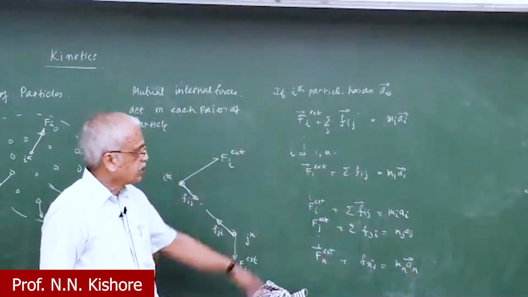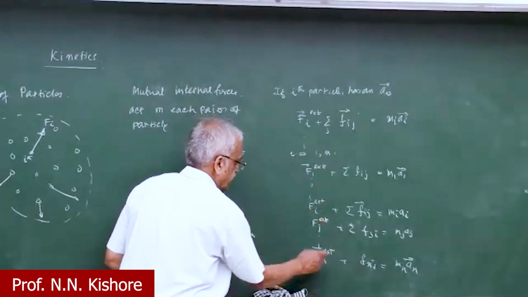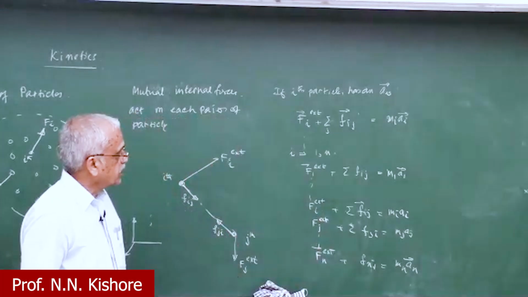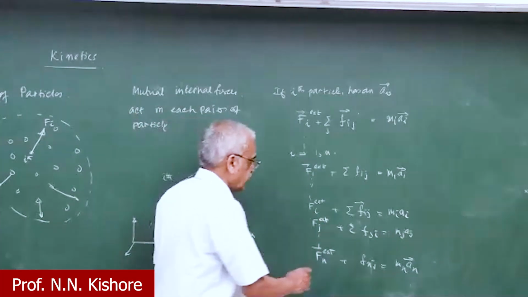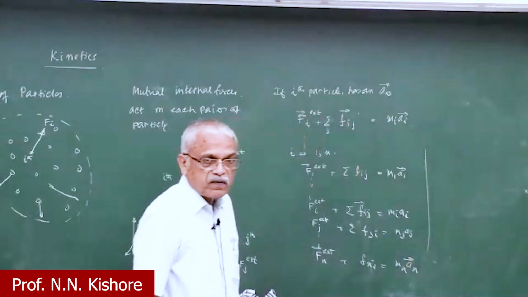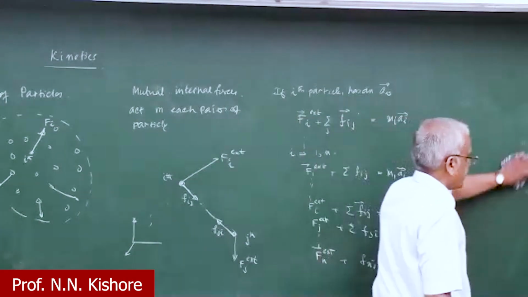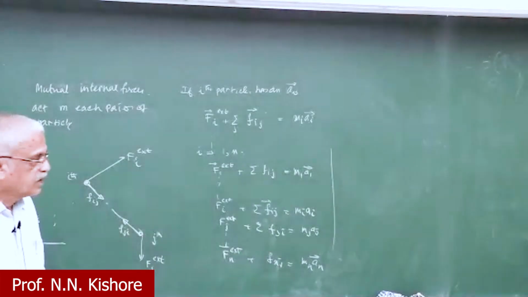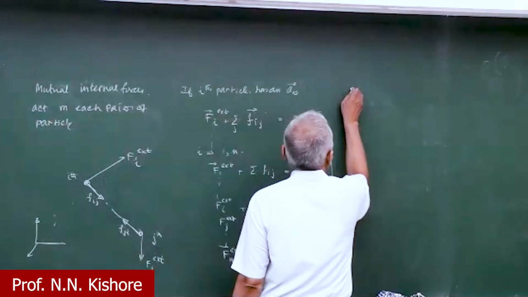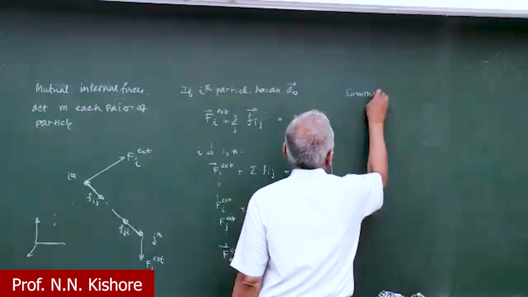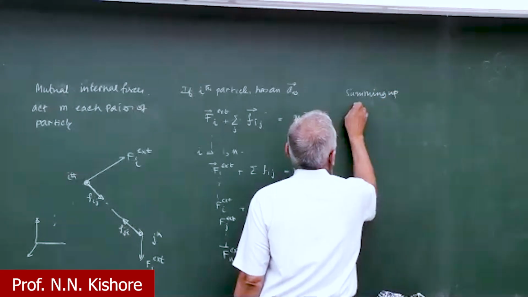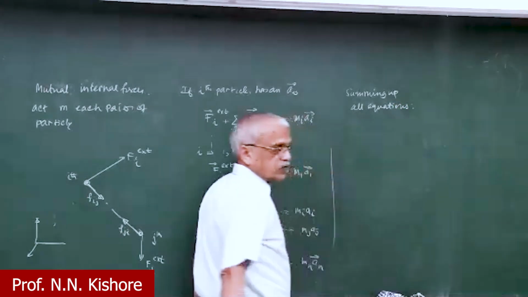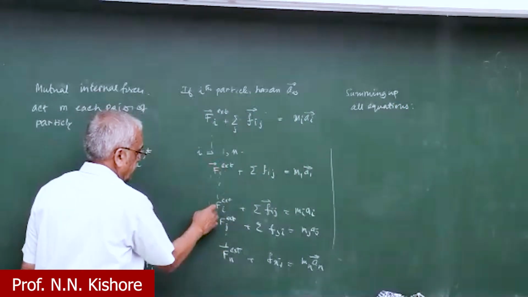And then here we have, so this is how it looks, right? This is just a note here: all internal forces act in pairs, equal and opposite, and their sum equals 0.